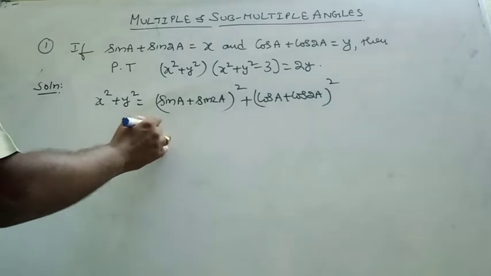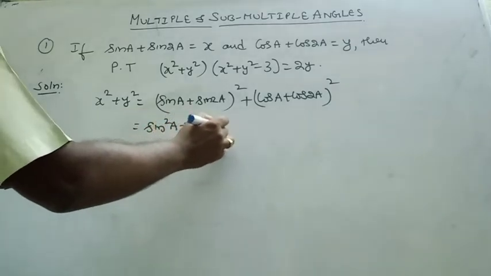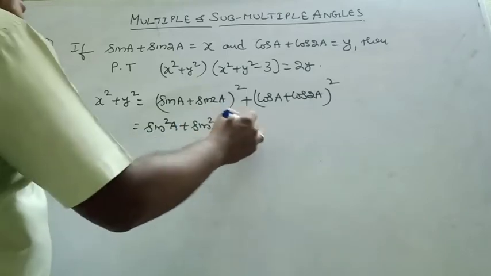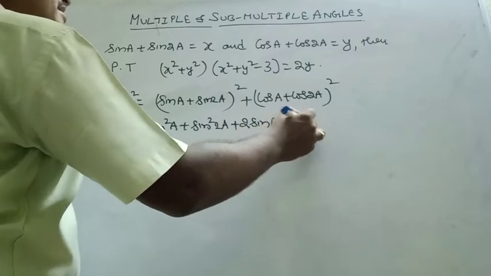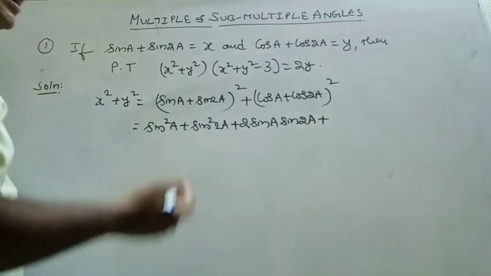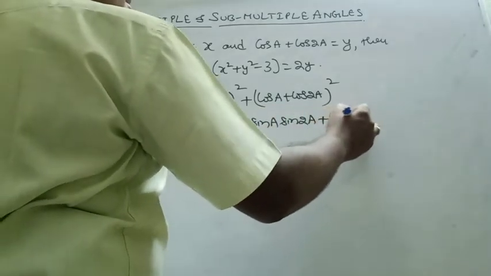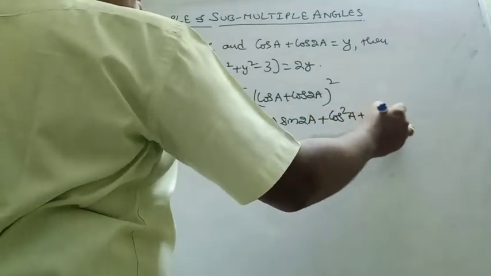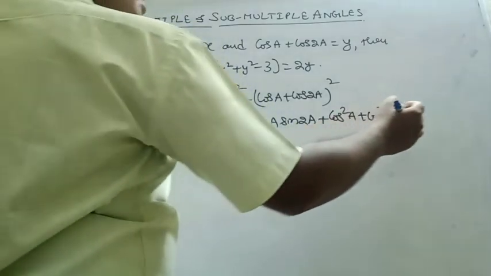This is equal to sin square A plus sin square 2A plus 2 sin A sin 2A, plus cos square A plus cos square 2A plus 2 cos A cos 2A.